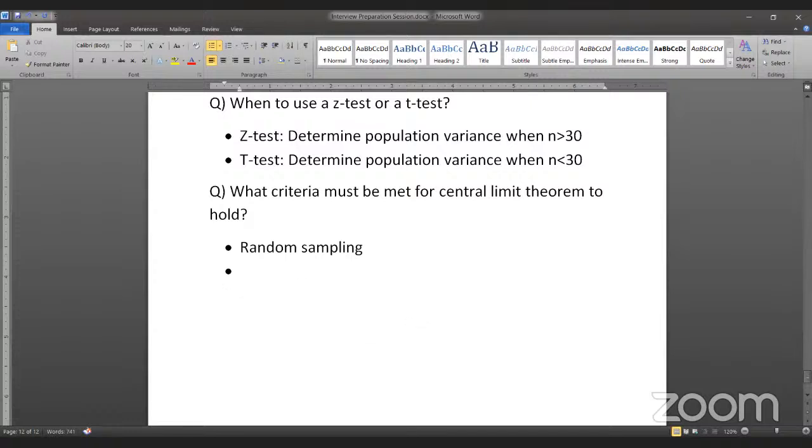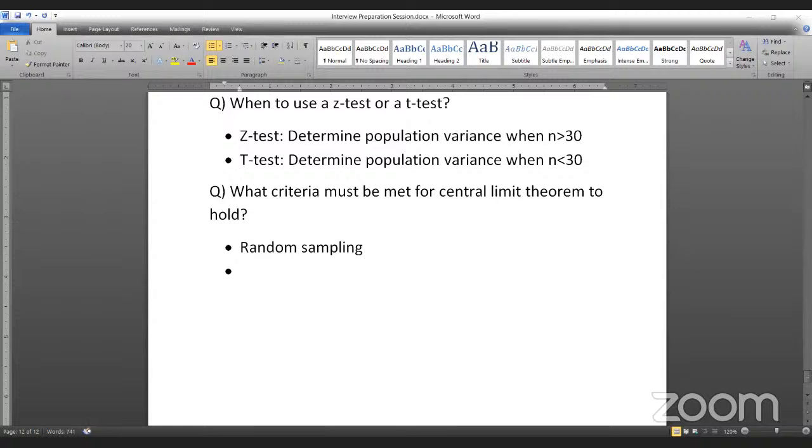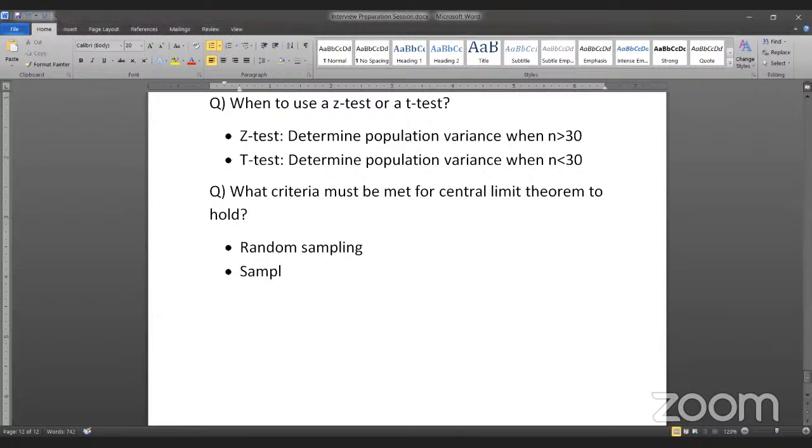Then the second point is that the sample values must be independent of each other.